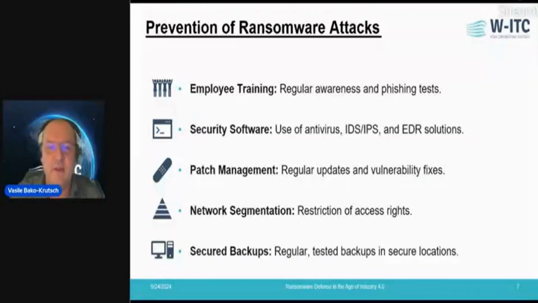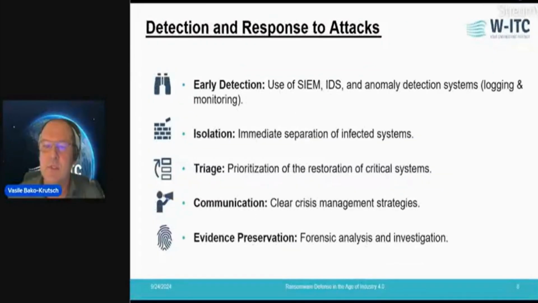So much for prevention. Now that we saw how we could prevent ransomware attacks, let's shortly take a look at how to detect and respond to ransomware attacks. Detecting and responding to a ransomware attack implies a few mandatory steps or measures.